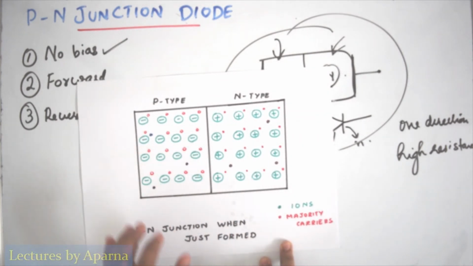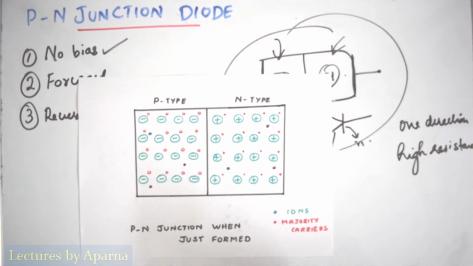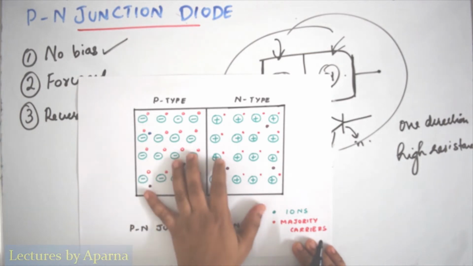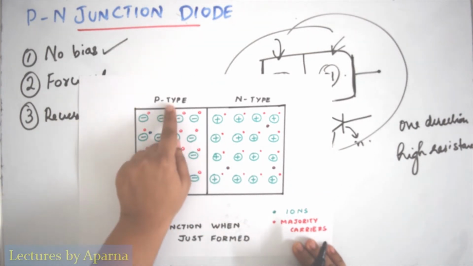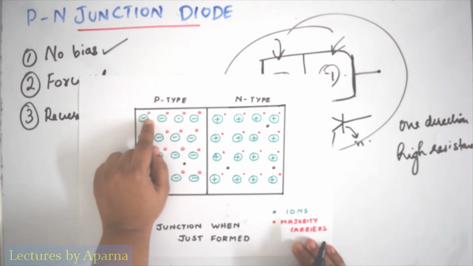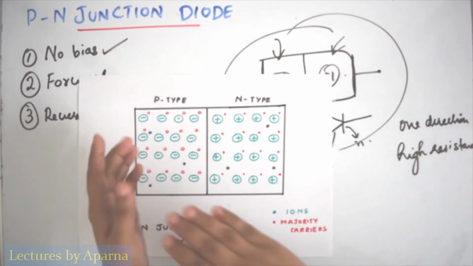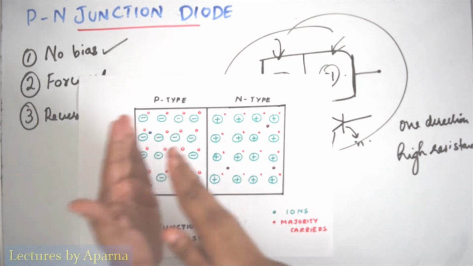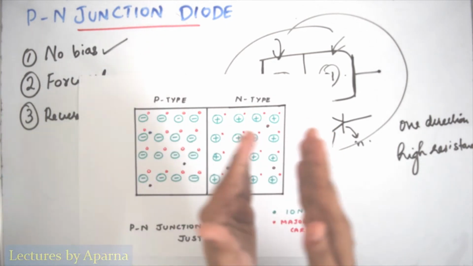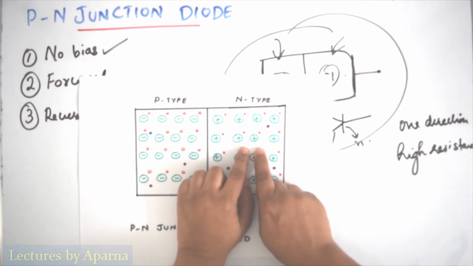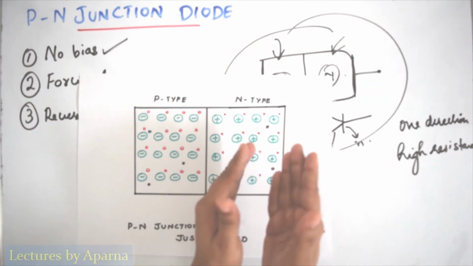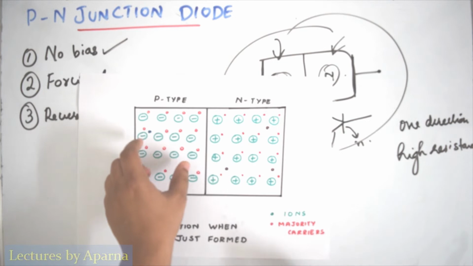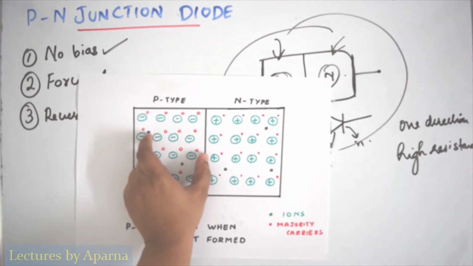As soon as it is formed, it will look like this. So what happens here is that the majority carriers from the P-type region, which are holes, will start diffusing across the junction. These holes will move towards the N-type region, and the electrons from the N-type region will move across the junction and go to the P-type region.